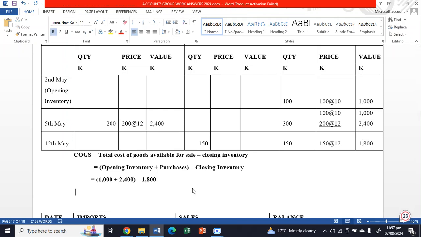So the cost of the goods sold: 1,000 plus 2,400, you get 3,400, minus 1,800.